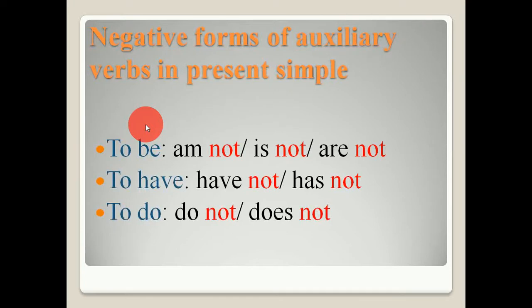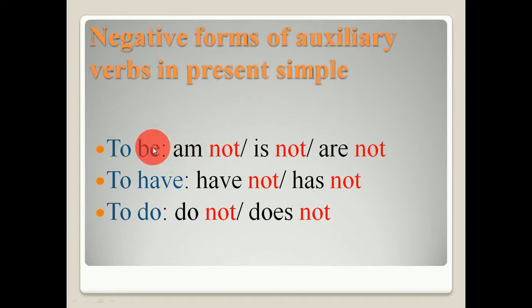So what is the negative form of the auxiliary verbs we have dealt with in the present simple tense? So we have dealt with these three auxiliaries. Auxiliary to be, auxiliary to have, and auxiliary to do. So what is the negative form of this one? To be قلنا with I am, you are, she is, he is, it is, we are, and they are.